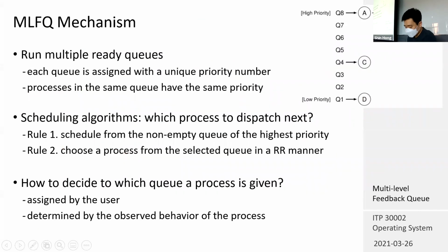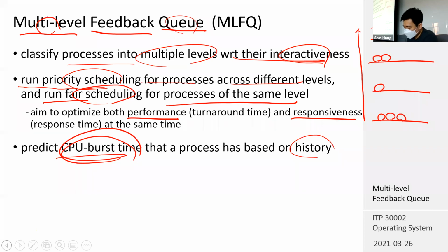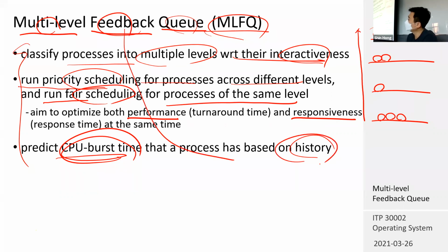Okay, so let's check one. These ideas run behind MLFQ, multi-level feedback queue. Feedback means this one, user history. We determine the likely CPU burst time based on the feedback.